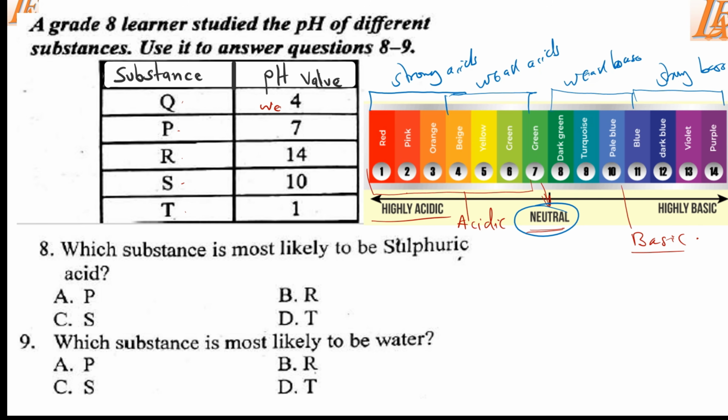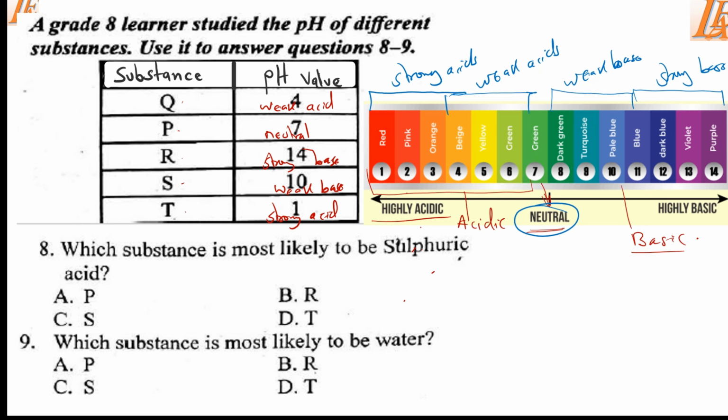Q is a weak acid because it's above 3. P is at 7. This is neutral. R is at 14. This is a strong base. Then S is at 10, which is a weak base. And then T is at 1. This is a very strong acid.